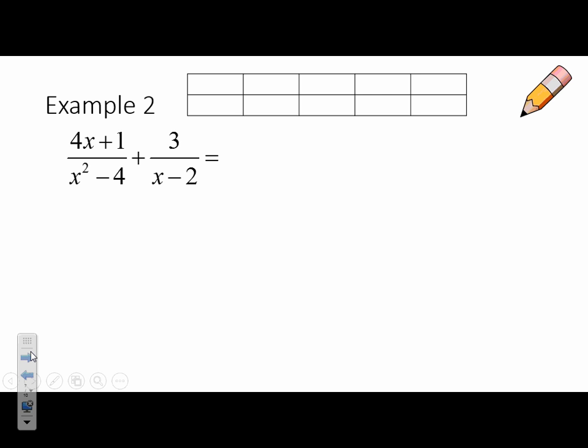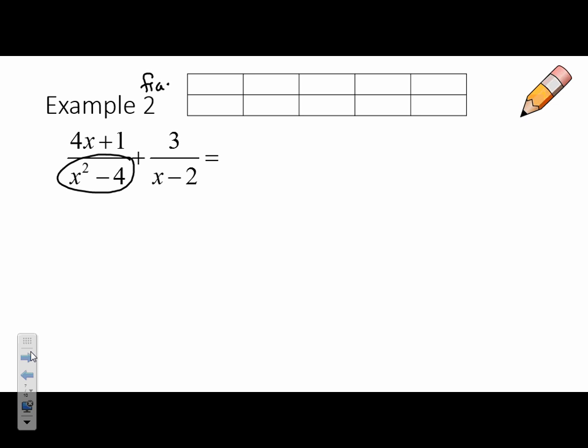So the first thing I'm going to think about is what's in the denominator right here. What pieces would make up an x squared minus 4? That is, what factors does that fraction have in its denominator?